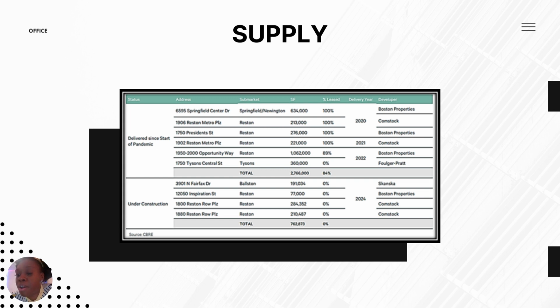The key factor in the research was that Class A properties played a significant role in leasing, accounting for 63% of new leases and 77% of new renewals for last quarter.